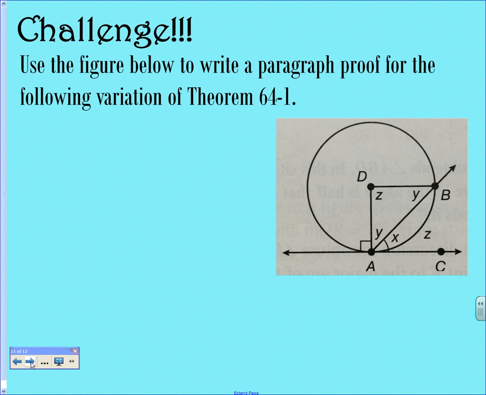They want you to show a way to get there. Show how to... Okay. I think it's a theorem that says that a tangent line is perpendicular. Okay. So that means that x plus y equals 90. So this is the right angle here. So x plus y has to equal 90.